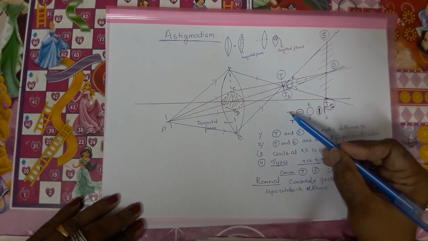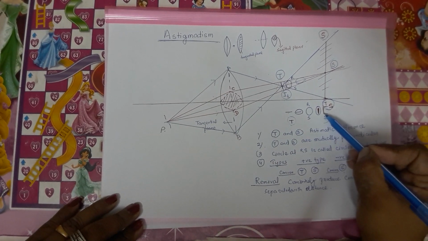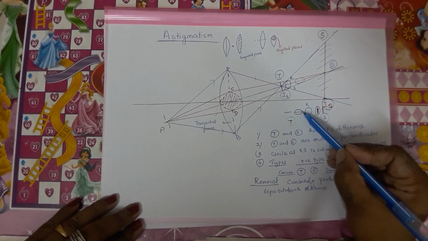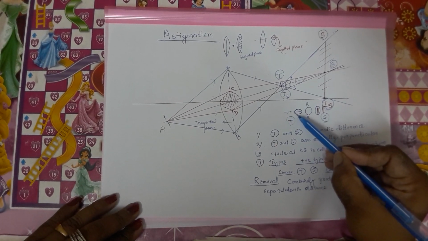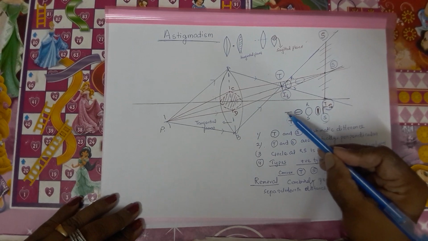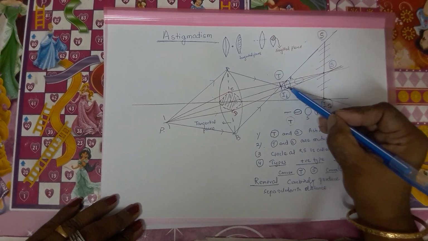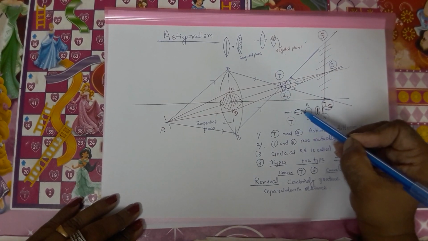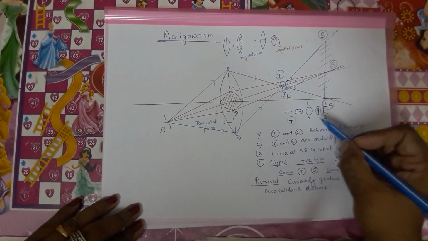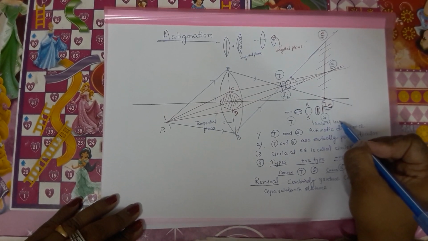And if I change the position of the screen from T to S, the straight line will open and give an elliptical image where the major axis is parallel to the horizontal line. If I move the screen further, at the middle position, the ellipse is converted to a circle, called the circle of least confusion.